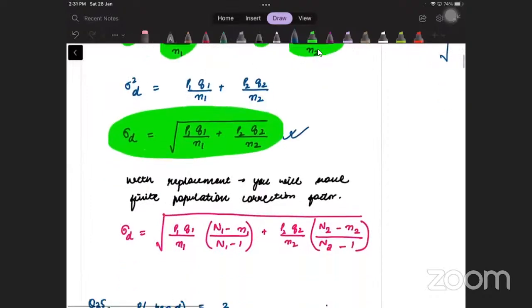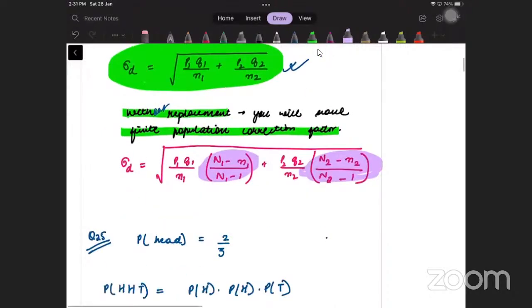But because it is without replacement, we will go ahead and use something known as a finite population correction factor. So we will have the factors N1 minus n by N1 minus 1, and N2 minus n2 by N2 minus 1. These would be my correction factors, just like we did in the above question.